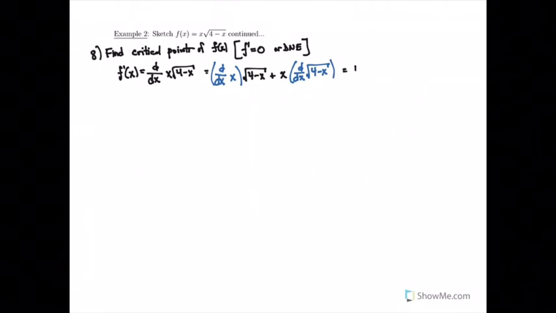which will give us: derivative of x is 1, so this will just be 1 times square root of 4 minus x, plus x times the derivative of square root of 4 minus x using the chain rule. This will give us a 1/2 times 4 minus x to the negative 1/2 times a negative 1. Remember that we have that square root of 4 minus x, we could rewrite as 4 minus x to the 1/2 power.